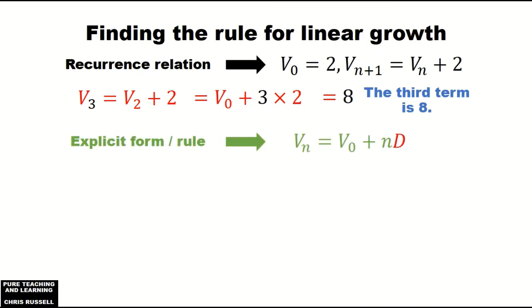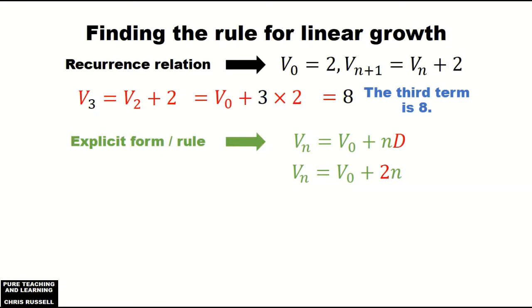So now we can find a rule to actually find that third term. It's known as the explicit form, or the rule for the nth term, where we have Vn equals V0 add n multiplied by d, and that d in red is the common difference. And note that n is multiplied by d.